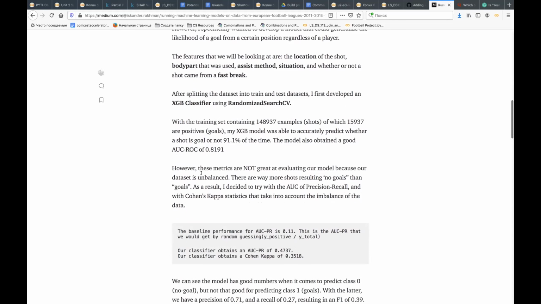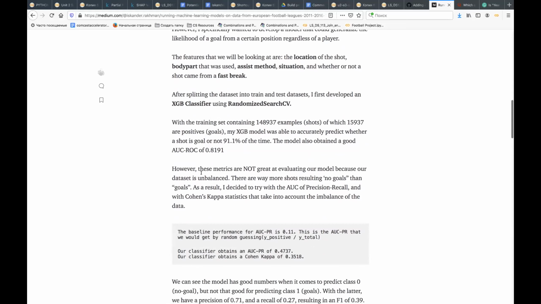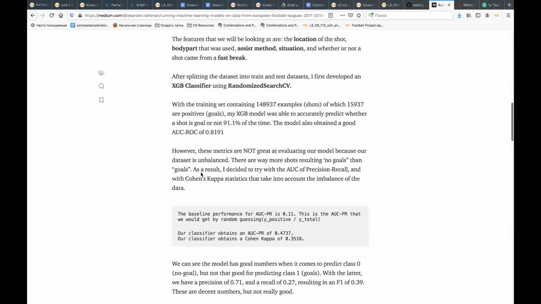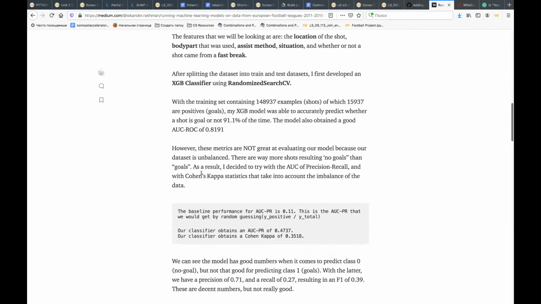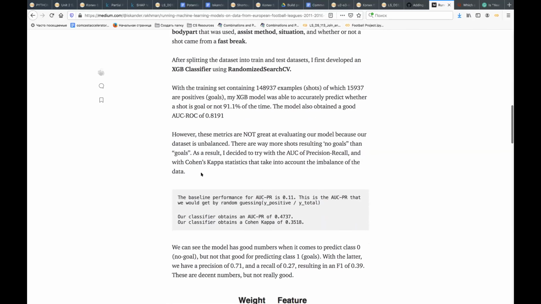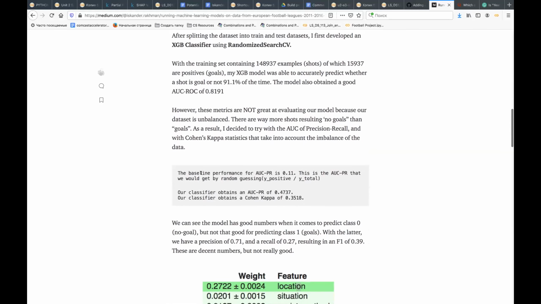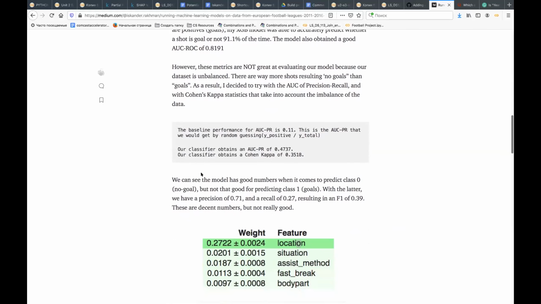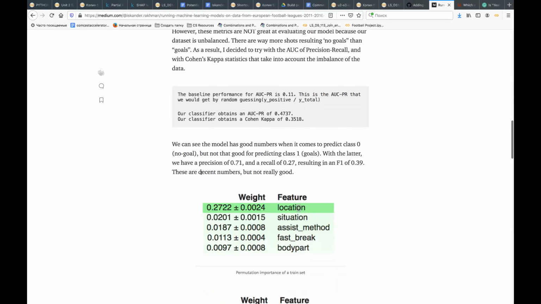The only problem was that this particular data set is imbalanced, because for every 100,000 shots, you may get just a couple thousand goals. That required me to change a metric, and so I decided to go with the AUC-PR, precision recall, and achieved a good score for AUC-PR as well as Cohen Kappa.